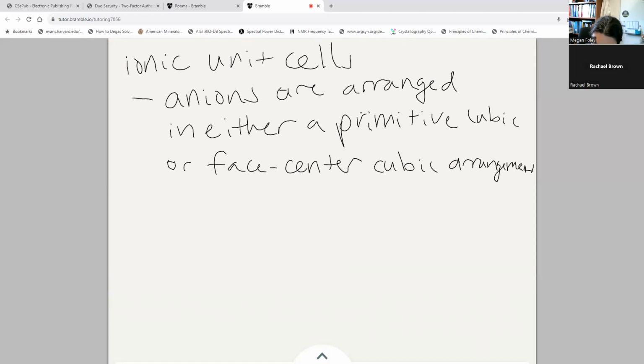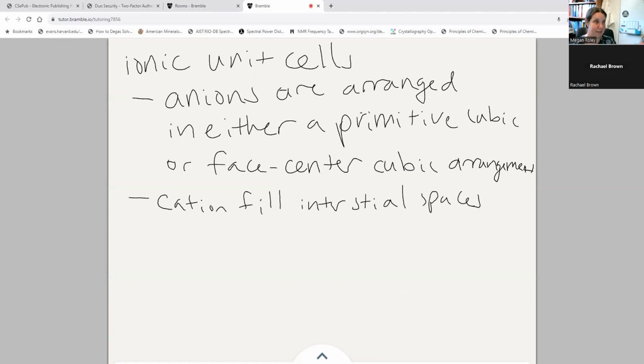So what we saw with the metallic cells. And then our cations fill interstitial spaces, which are the leftover empty spaces.